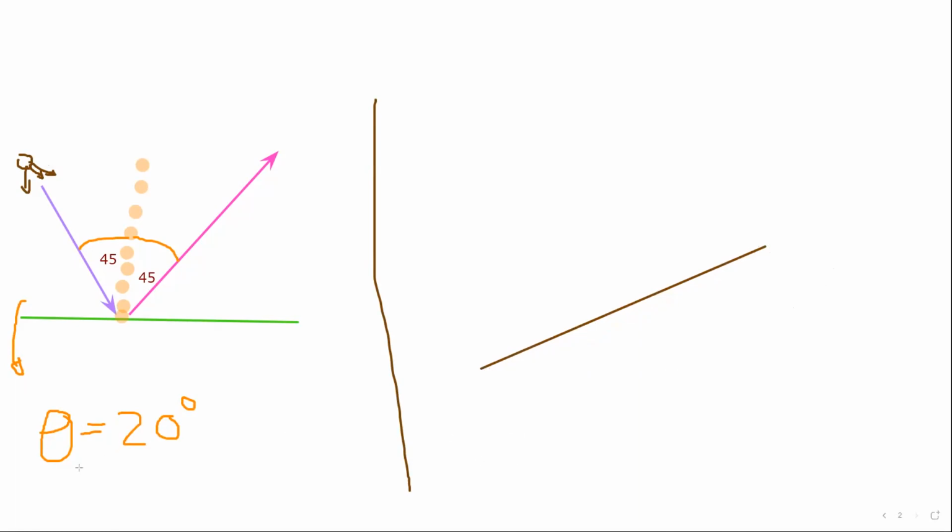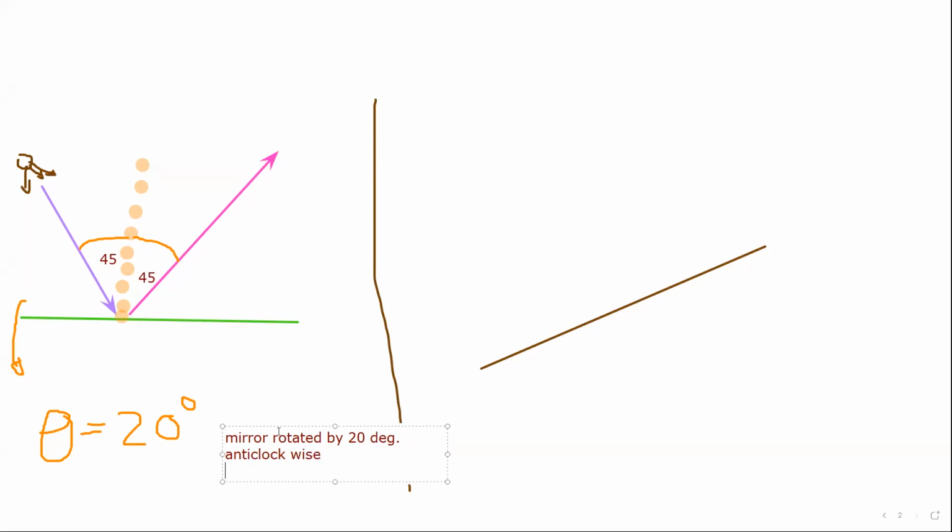Because the mirror rotated by 20 degrees anti-clockwise.